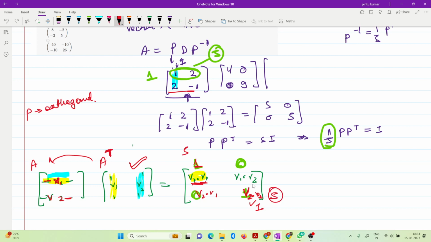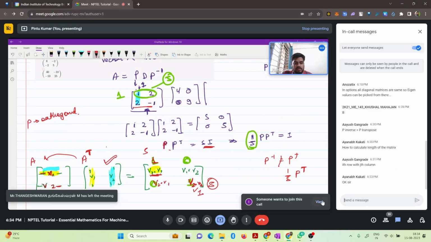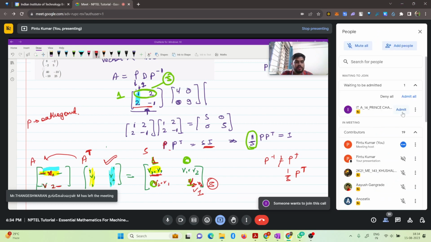So rather than obtaining P into P transpose as identity, what I obtained was 5 times identity. That's why my P inverse is not P transpose, but it is 1 by 5 times P transpose. Am I clear? Yes, sir. Okay.